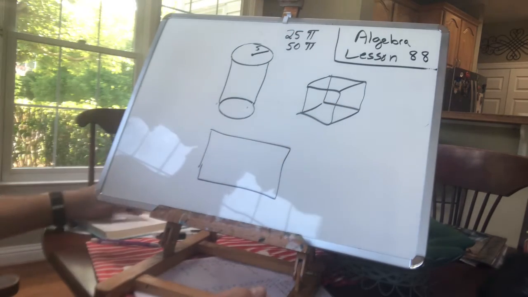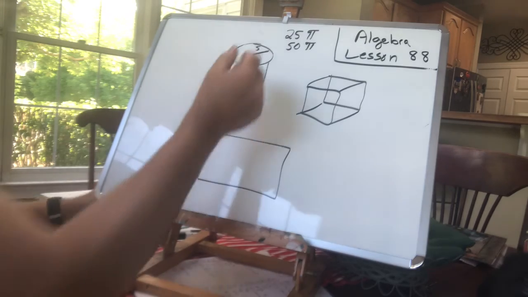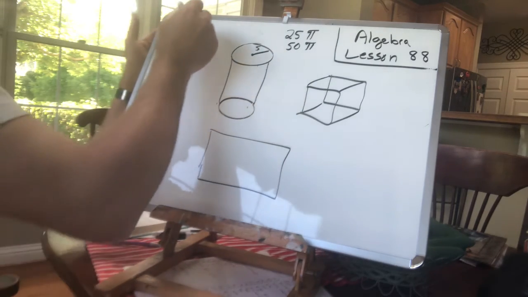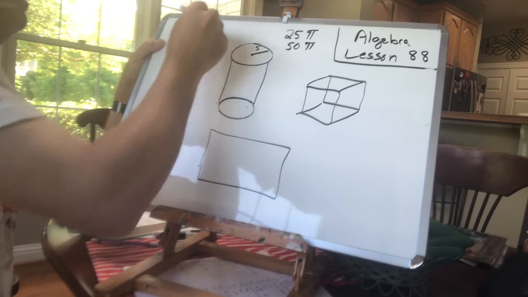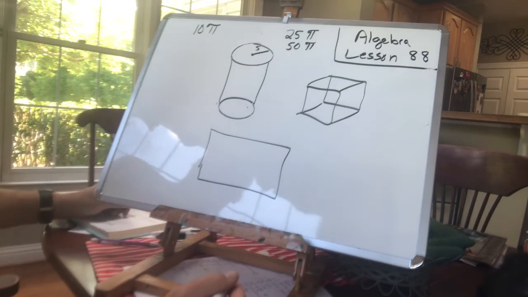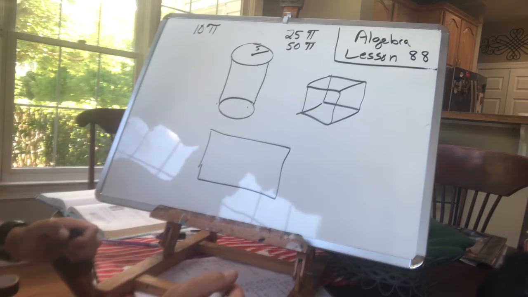Then to find the circumference, I'd need the diameter, which is 10, times pi, 10 pi, right? And then I would have to multiply it times the height.